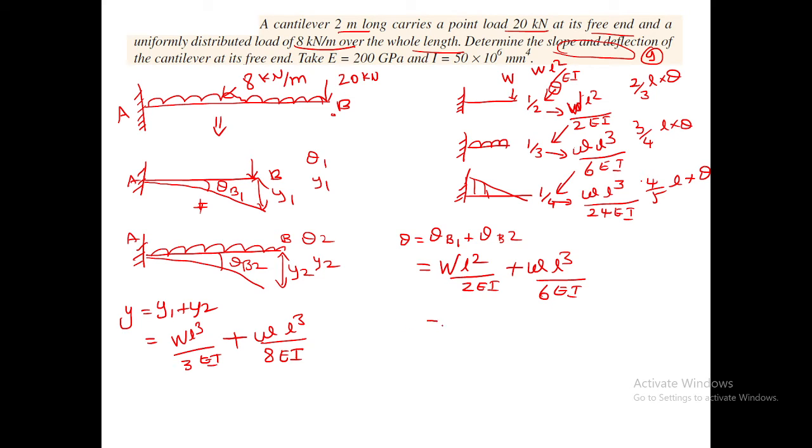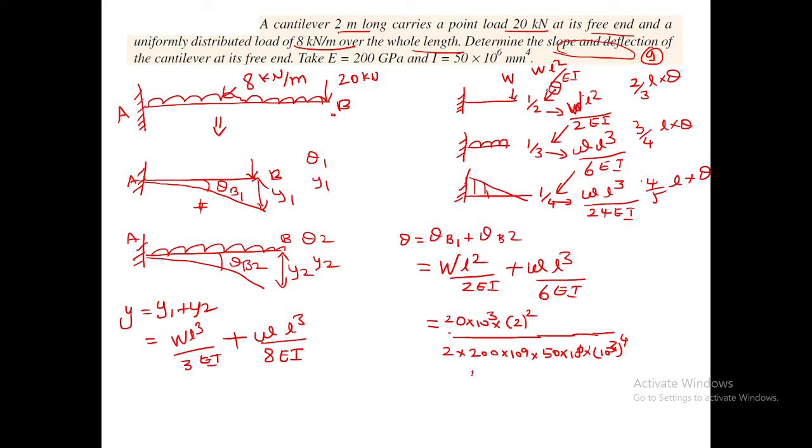So for the slope, capital W equals the end load 20 into 10 power 3, into L is 2, squared, divided by 2 into Young's modulus 200 into 10 power 9, I is 50 into 10 power 6 into 10 power minus 3 power 4.